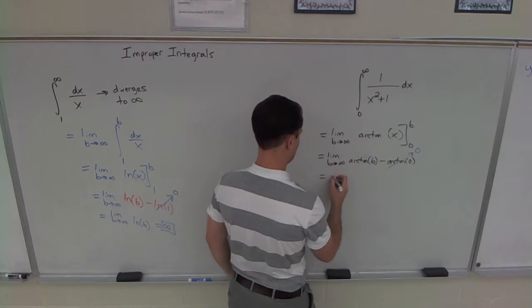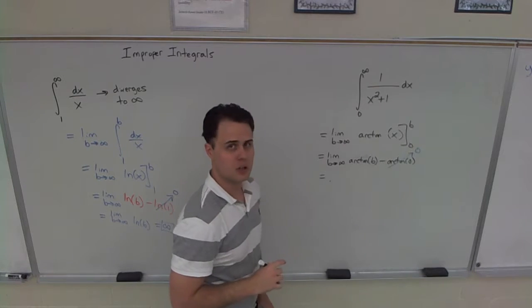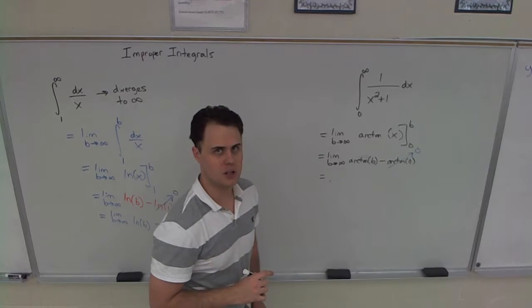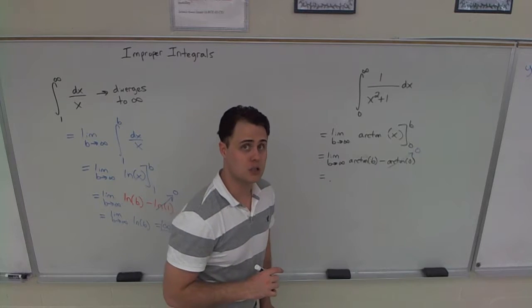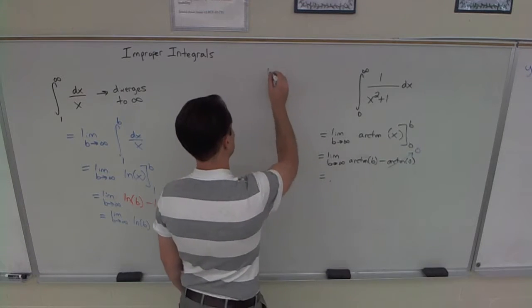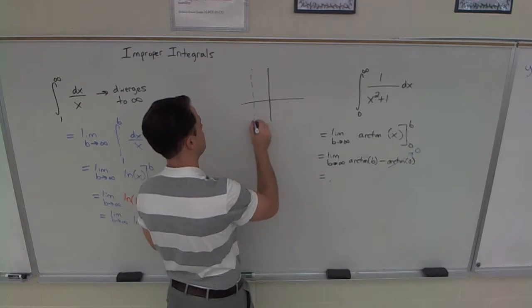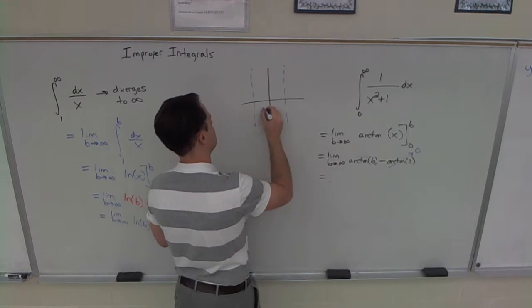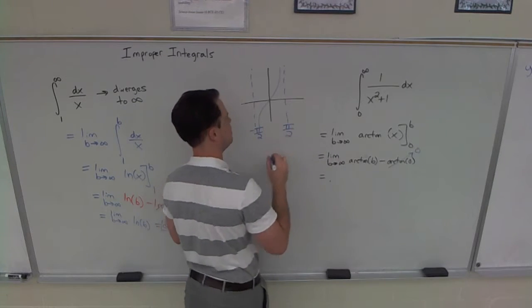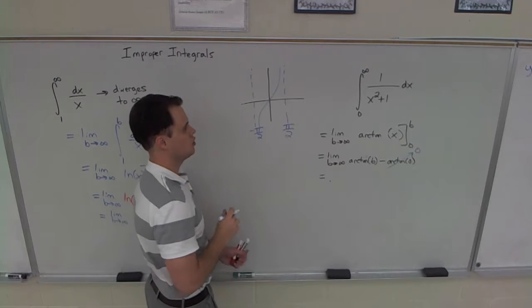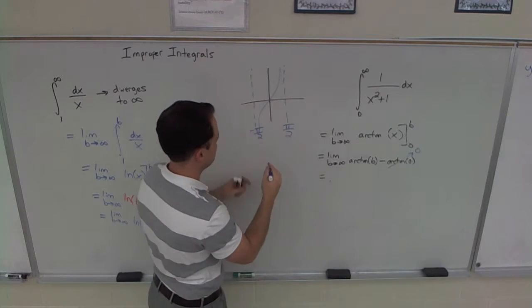So this is going to be equal to, if I put b in the arctangent, ooh, good question. What's that look like? I think you have to think about what the graph of tangent looks like. So let's remember, tangent, plain old tangent, not arctangent, is trapped between negative pi over 2 and pi over 2 each way. So arctangent, remember, the inverse function in general takes that and flips it.